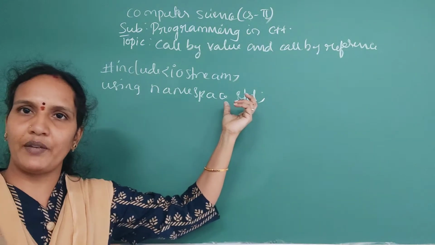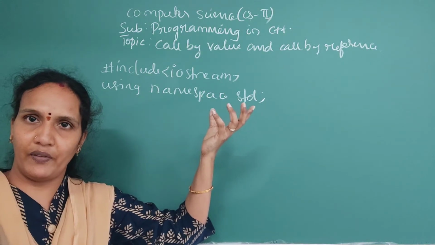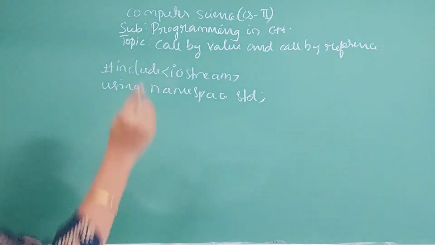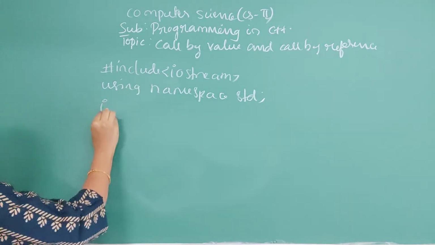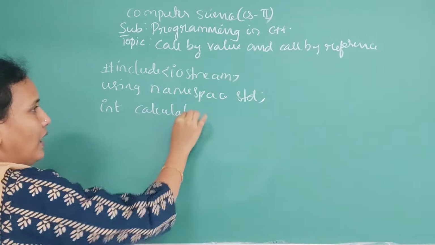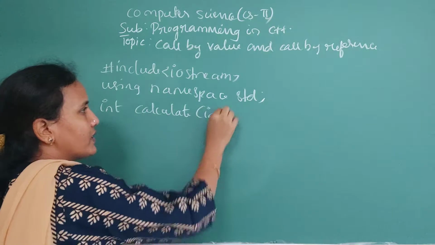When we include this library file, whatever functions are available in it, we can use. Now after this, I am giving a function, int calculate, and it takes only one value.